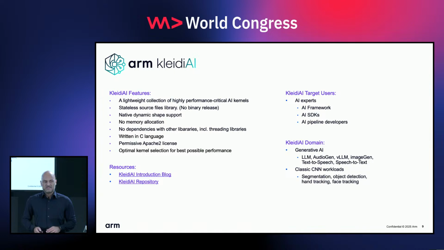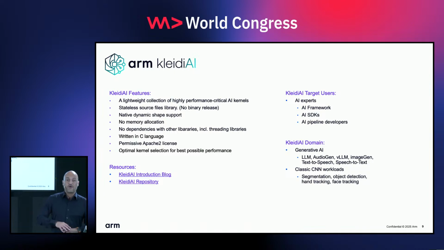These are some of the features of the Arm KleidiAI library. It's a lightweight library which contains critical operations for neural networks. There are no dependencies on other libraries. There is no memory allocation, no threading mechanism. There are what we call the microkernels.